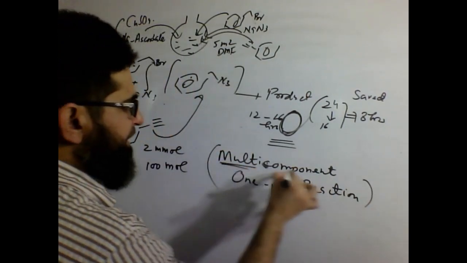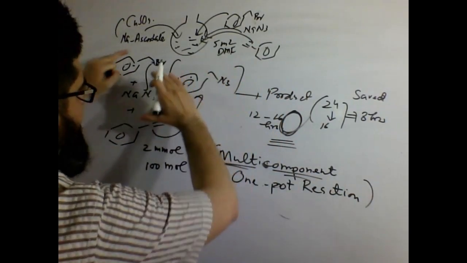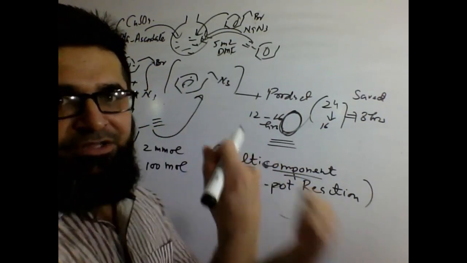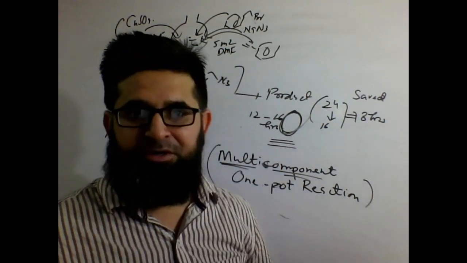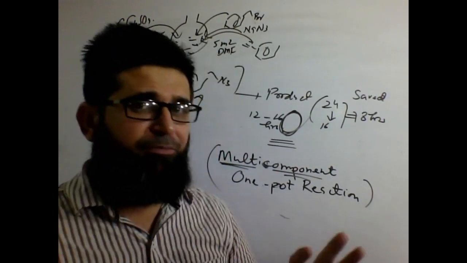Multi-component, many components have been put together. 1, 2, 3 at least, have been put together in the same flask and let them run together. It's a multi-component. Okay, so this is also the one pot.